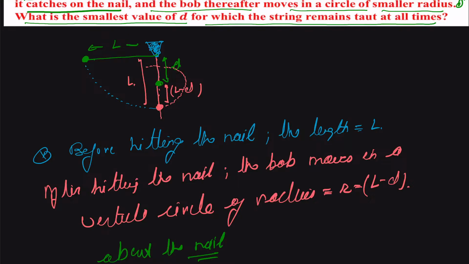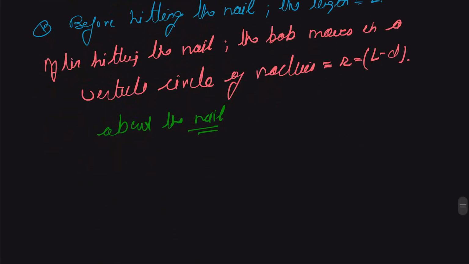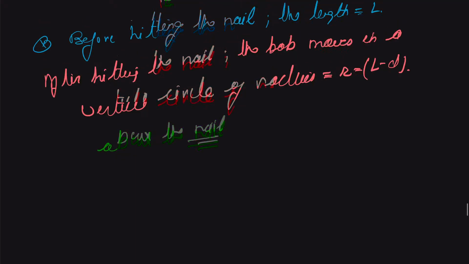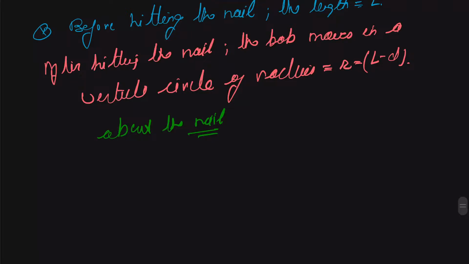And let us find out what will be the speed. Let us suppose it starts from point A and this is our point B, and this topmost point, let us call this point C. So we are going to find out the speed just at the bottom B, just before hitting the nail.